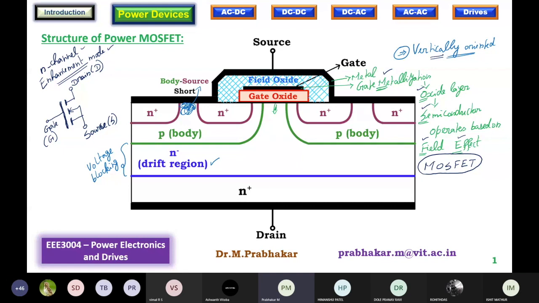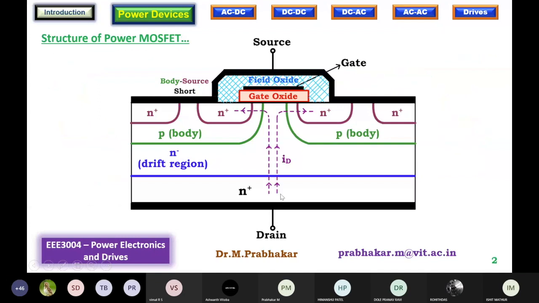This is one symbol. And when you look at the operating principle, the first look will tell that you don't have any direct path for current. See, you have only the drain current. ID is actually the drain current that should flow through the device. This is required to flow from the drain to the source.